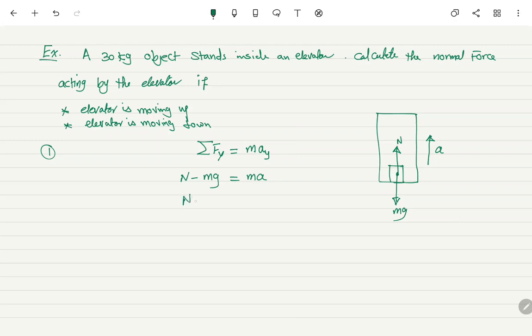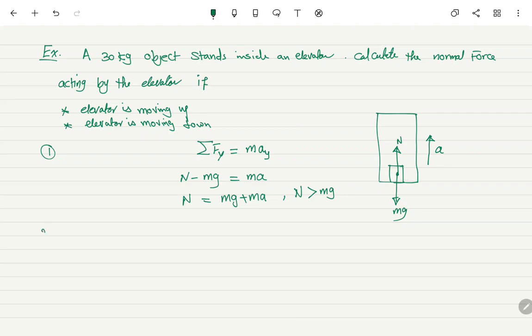So the normal force equal to mg plus ma, or you can say that the normal force is greater than mg. This means the normal force is greater than the actual weight.